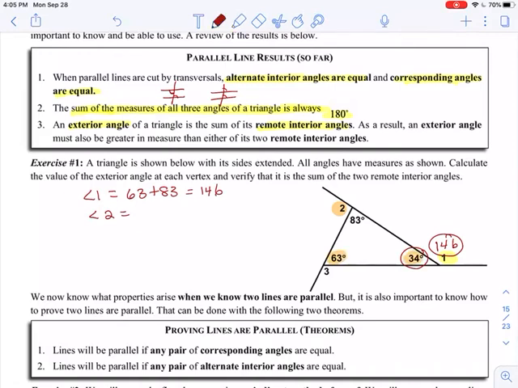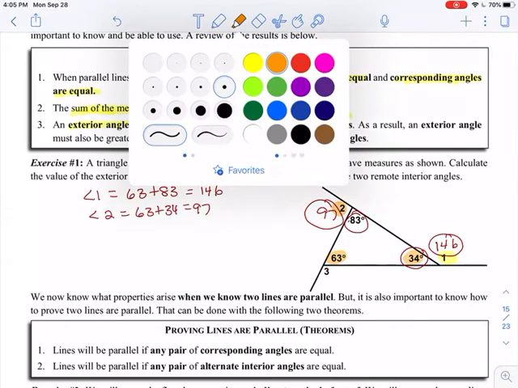That's what I mean by remote interior angles. So angle 2 equals the 63 plus the 34, and that equals 97. Well, let's see if that works out. Is 97 and 83 equal to 180? Because they form a linear pair. They form a line. And 97 and 83 is 180, so perfect.